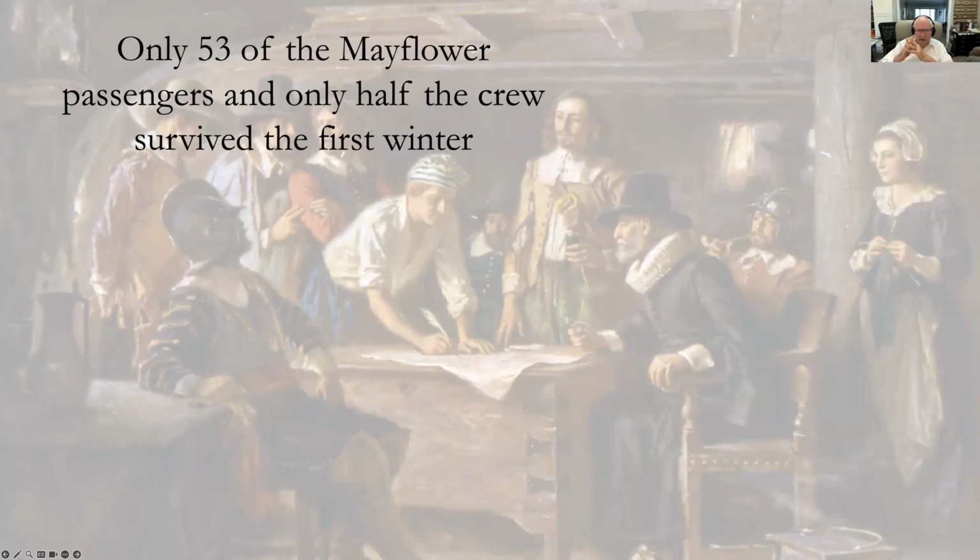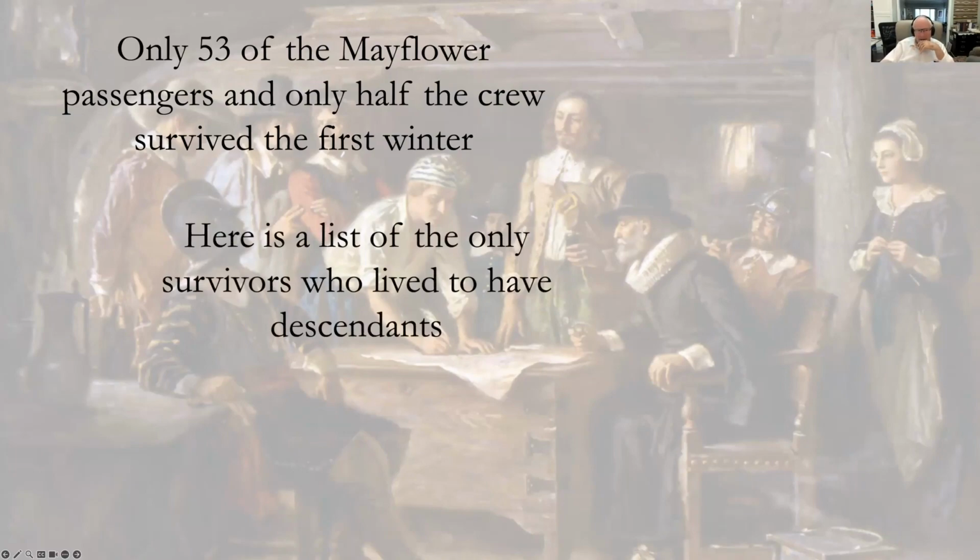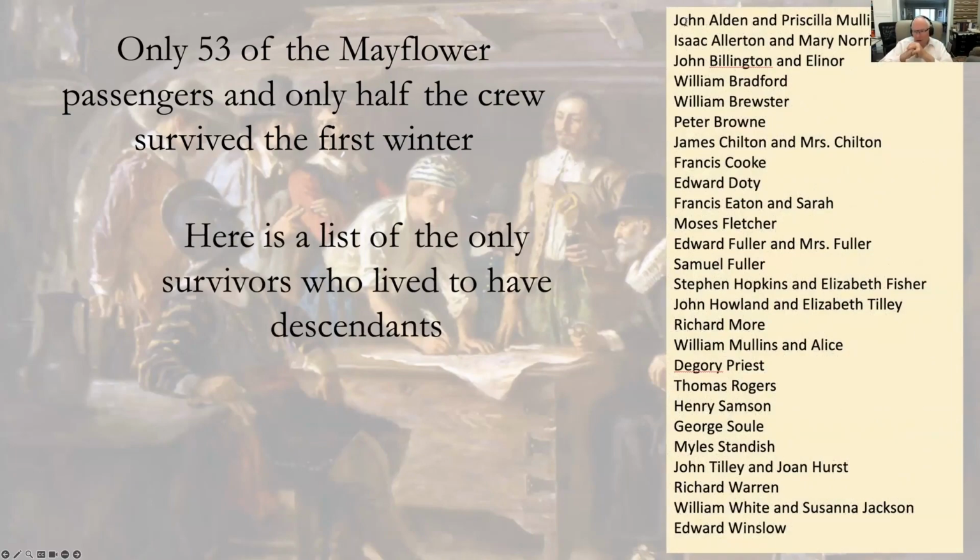Now, what about these 53 passengers? So here's a list of those 53 passengers. Let me just say this is something that there is absolutely zero controversy about. There is nothing about these people that isn't already, I'm going to say, etched in stone.